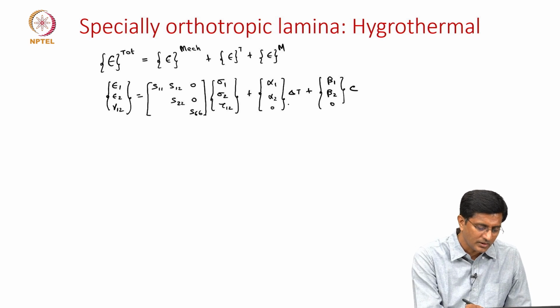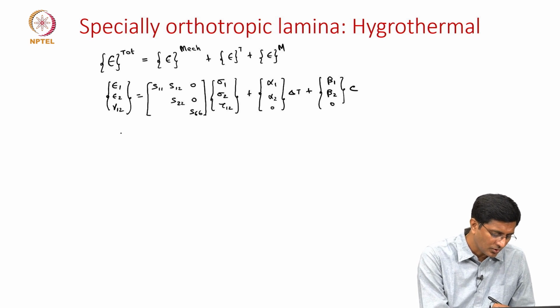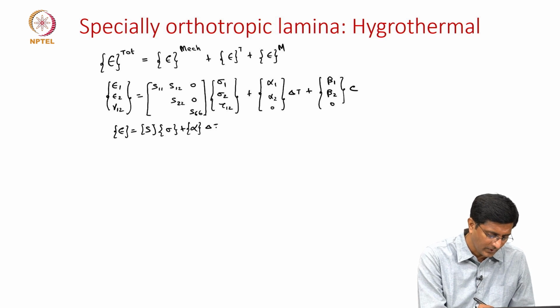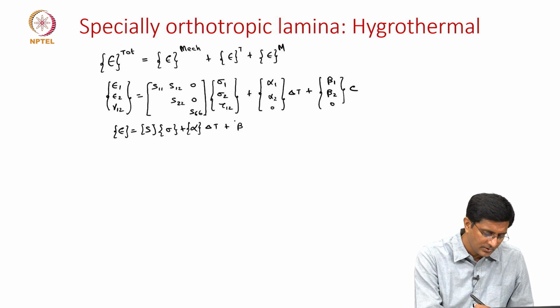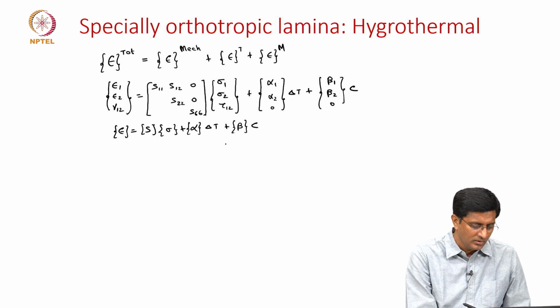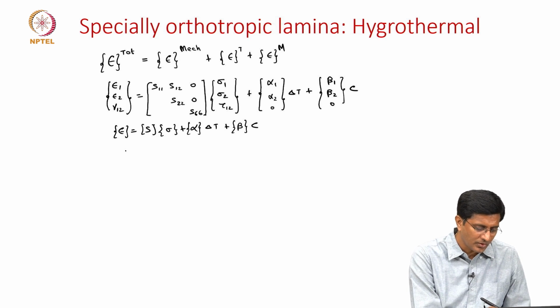Now let's rewrite this expression in a short notation, saying that these are the total strains is equal to S matrix times the stresses plus alpha vector times delta T alpha I plus beta times C. So from this we can also write the corresponding stresses.